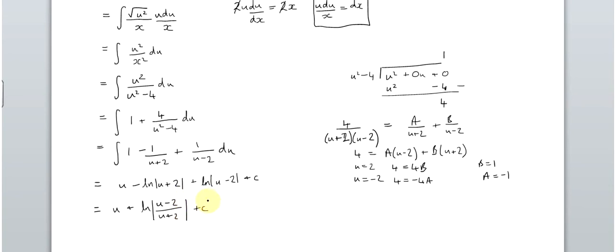Plus c, and that gives us, if we substitute back for x now, root x squared plus 4 plus ln, this is not a pleasant one, of root x squared plus 4 minus 2 over root x squared plus 4 plus 2 there, plus c. Okay, I'm just going to have a little look for my signs.